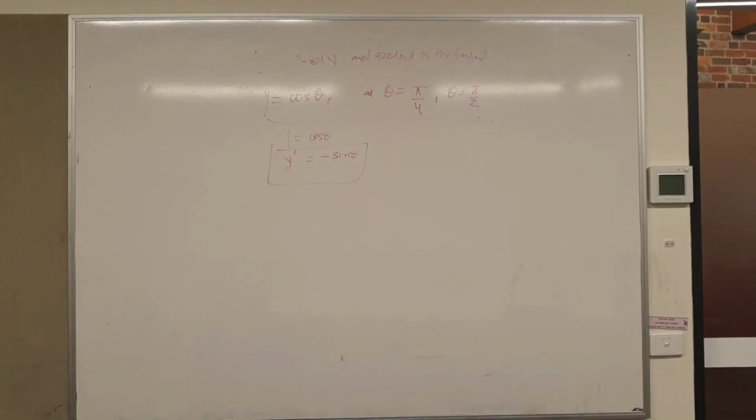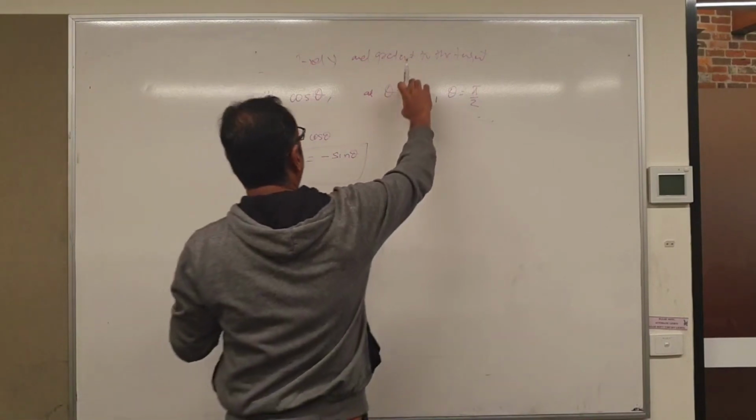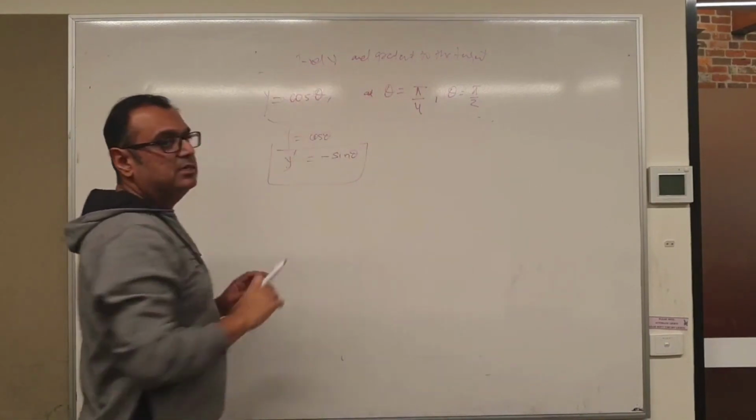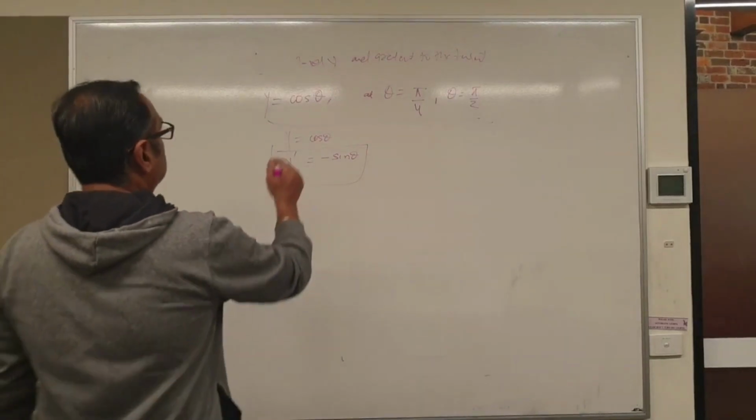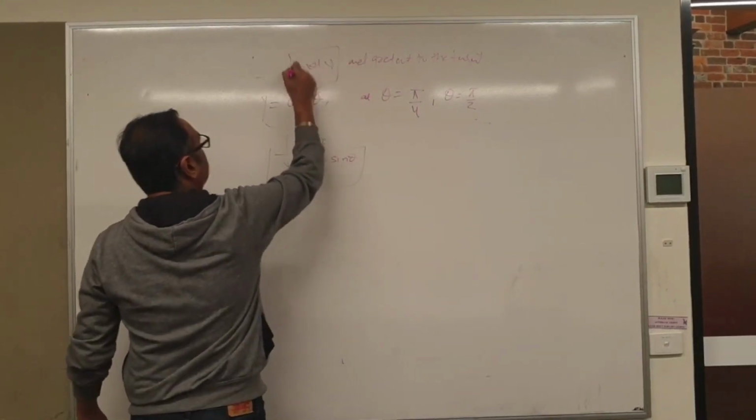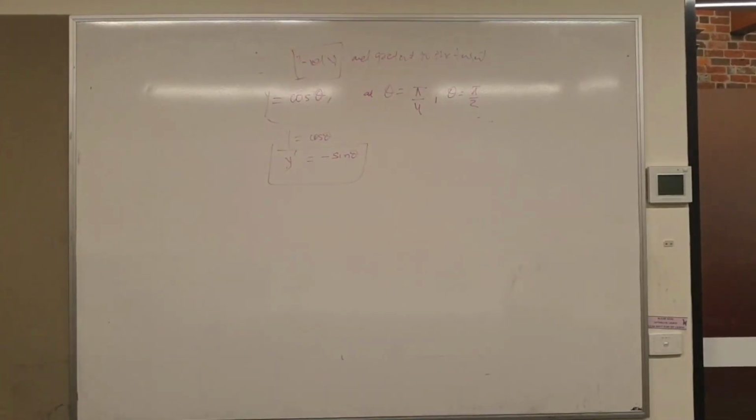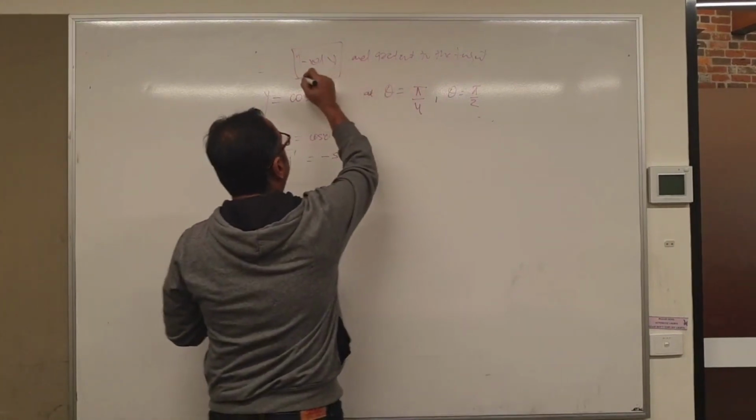You find the values. So then what you will do is you plug in theta equals pi by 4 in the original function. Find y. That's the first ask. Let's forget about everything.